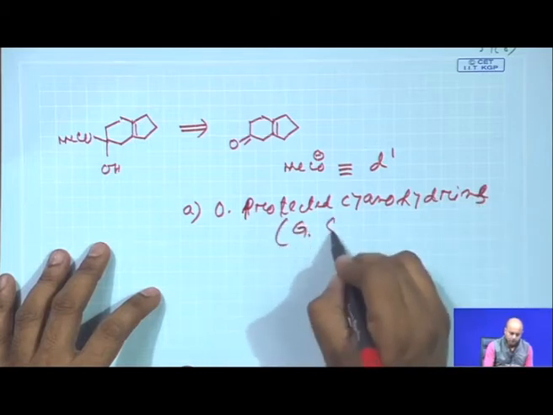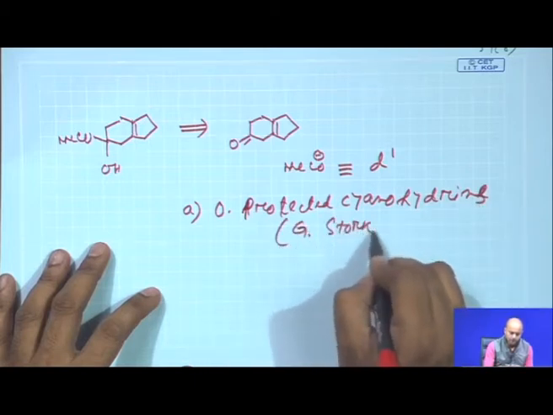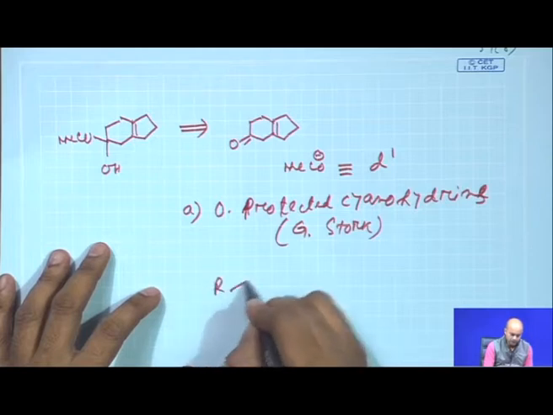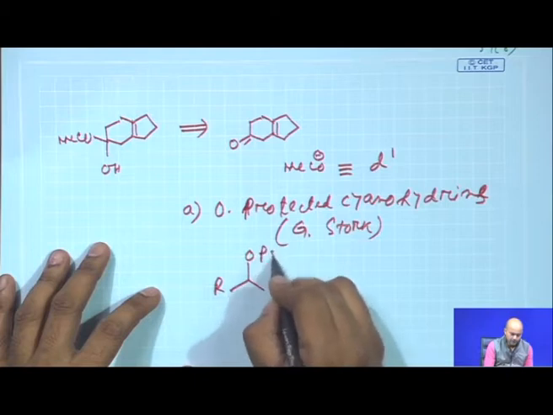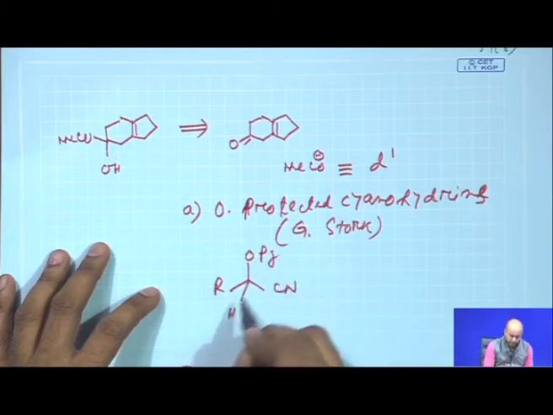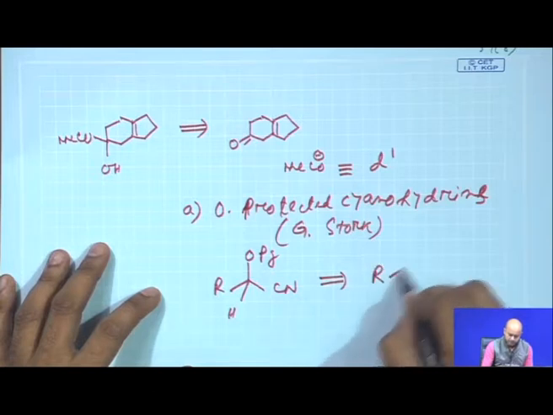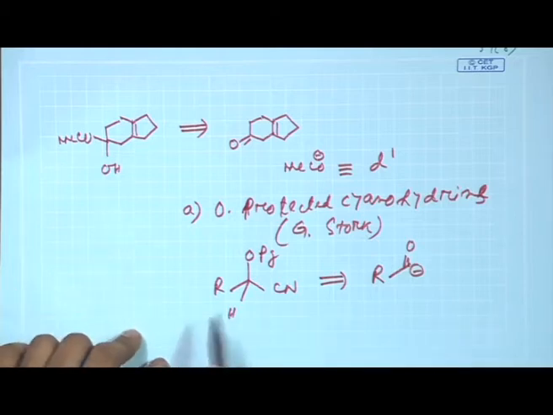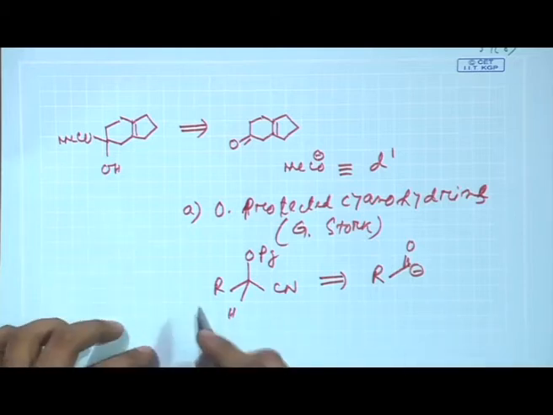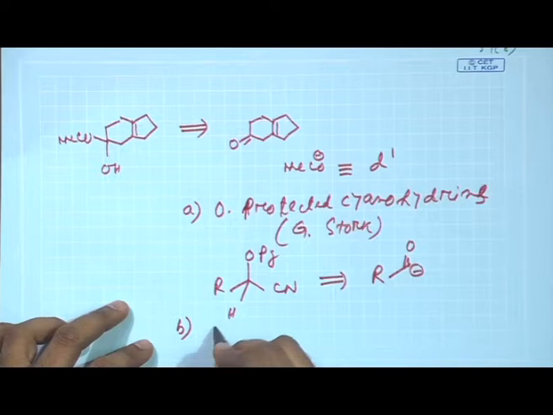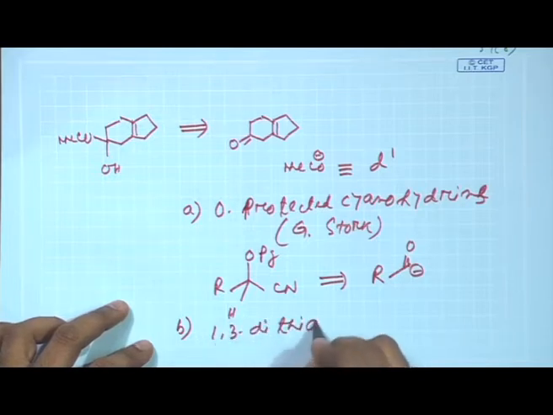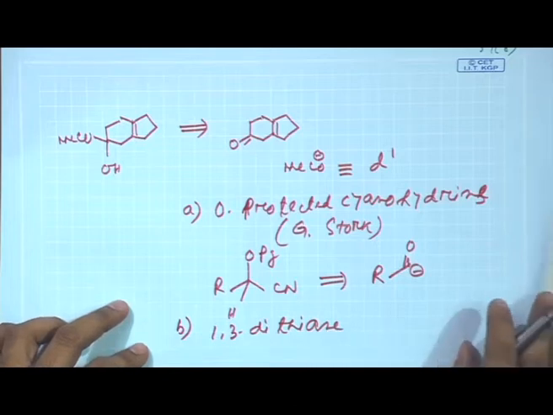Professor Stork was instrumental for this reaction, where I said that if you have an O-protected cyanohydrin, you can easily abstract this hydrogen and that can give you a very nice umpolung species. So, in principle you can definitely use 1,3-dithiane chemistry, and you can also use this O-protected cyanohydrin chemistry as described.